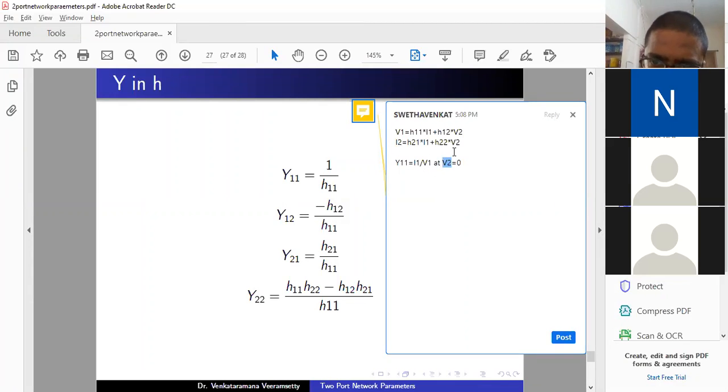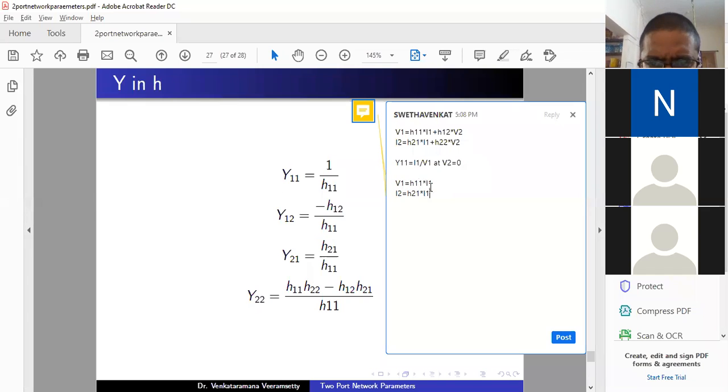Now replace V2 equal to 0 in this equation here and in this equation here. Now the first two equations become V1 equal to H11 into I1, and this term will be 0. And the next one, I2, we get from this: I2 equals H21 multiplied by I1.